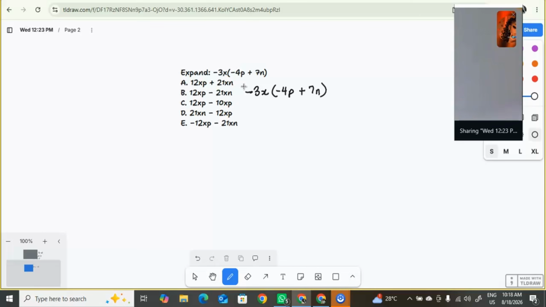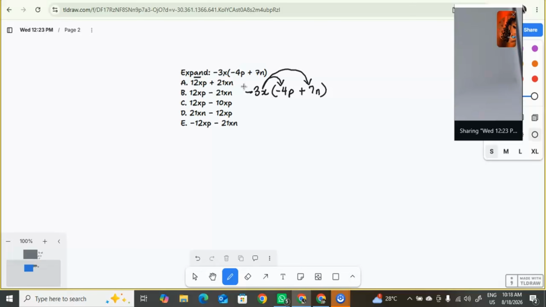And then the instruction says expand. What does expand mean? It means that whatever term we are given before the brackets, we are to multiply that term by every one of the terms inside the brackets.